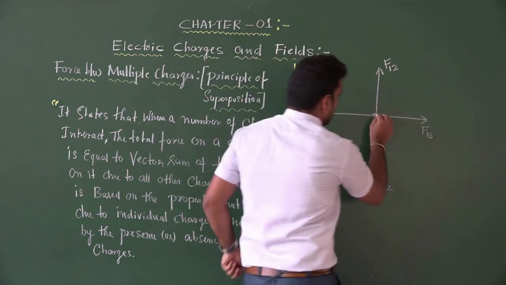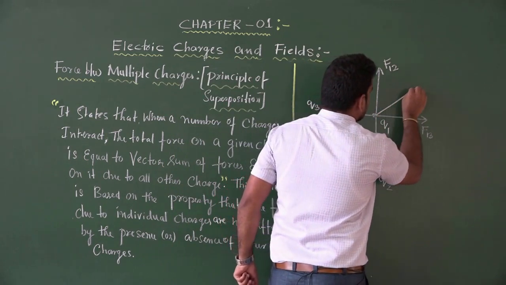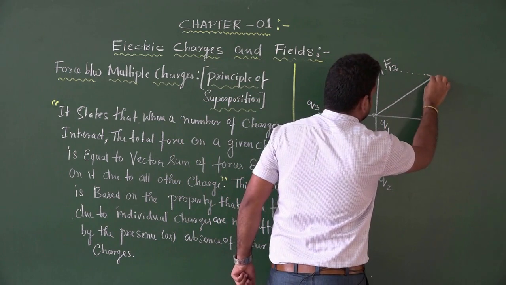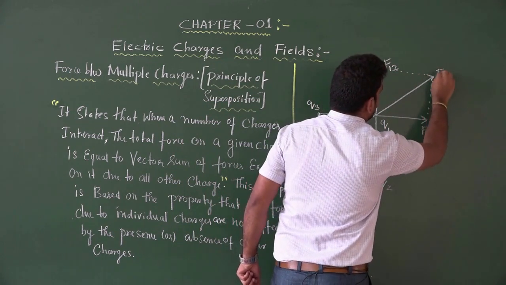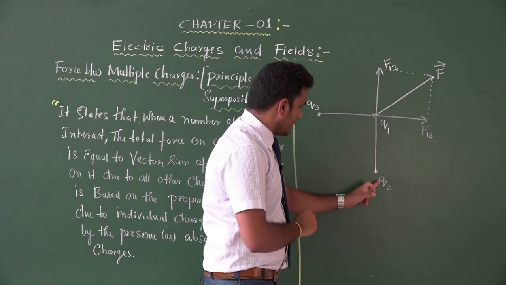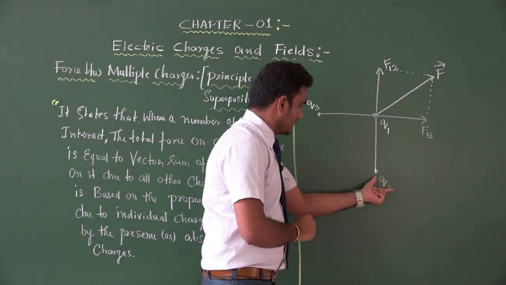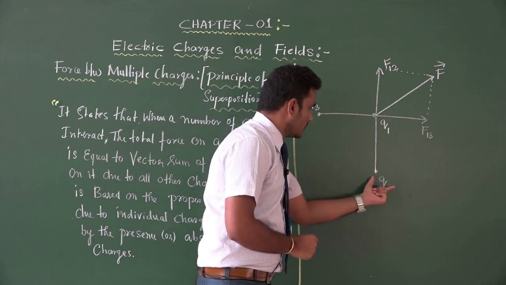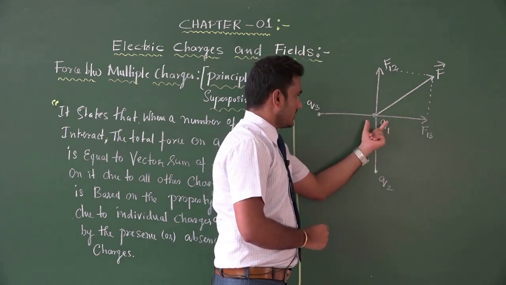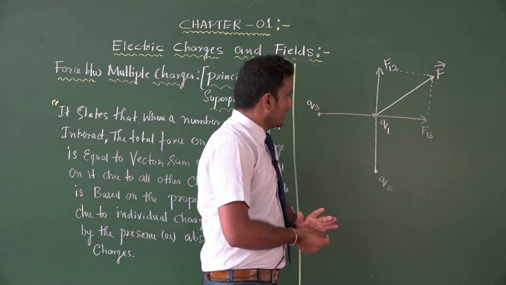Now we can identify the resultant force by taking a diagonal. Here we are getting the resultant force. Q1 is the target charge, and I consider two more charges, Q2 and Q3. Q2 exerts a force on Q1, that is F12. Q3 exerts a force on Q1, that is F13.